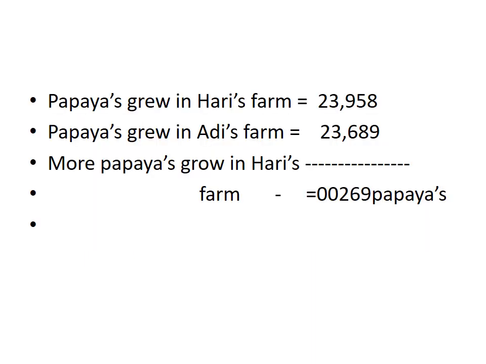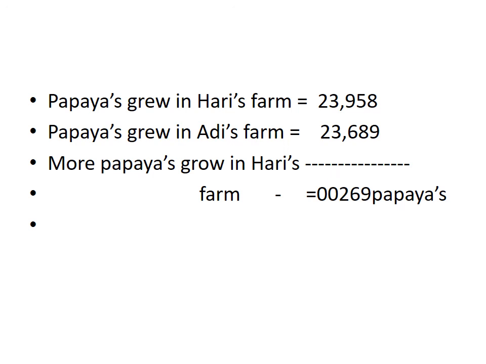23,958 papayas grew in Hari's farm is greater. That means the first answer is more papayas grew in Hari's farm, right? And how many? That means you have to subtract both. Papayas grew in Hari's farm is equal to 23958.